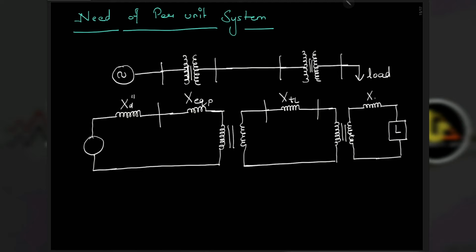So this is the equivalent impedance of the transformer referred to the secondary side. Equivalent impedance of T1 referred to the primary side, and this is the equivalent impedance of T2 referred to the secondary side.